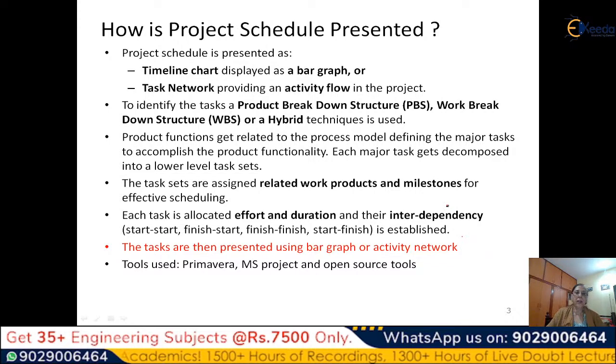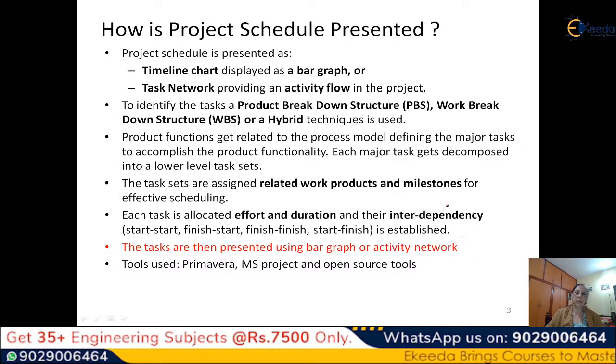First and foremost, we have to identify the tasks for the schedule. For identifying the tasks, we will use either a product breakdown structure, which is shortly called PBS, or the work breakdown structure, which is WBS, or a hybrid of these two techniques. In either of these, what do we do? We take the product function, which gets related to the process model.